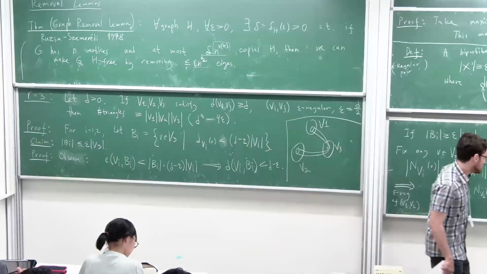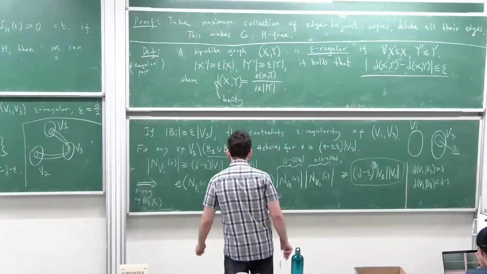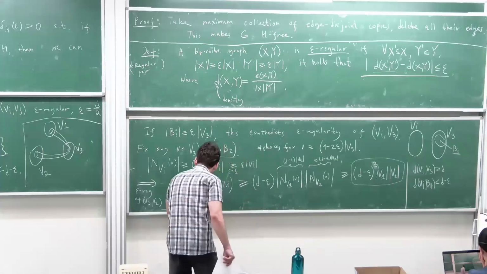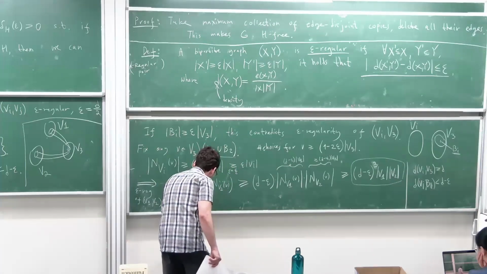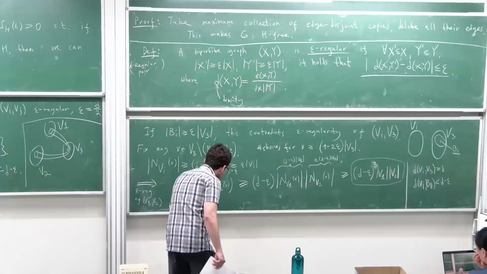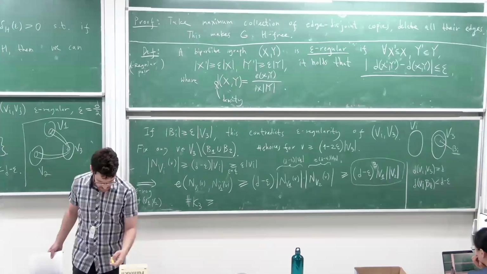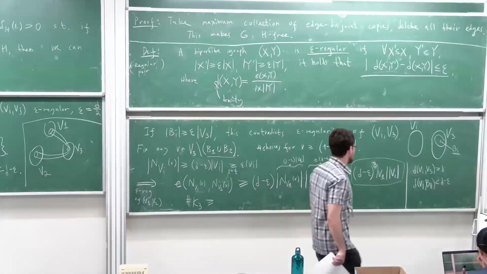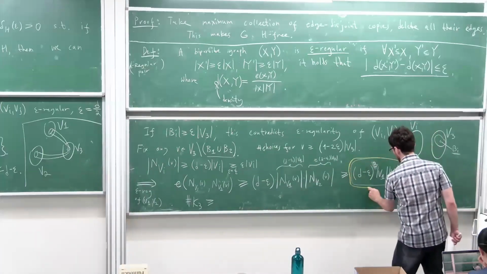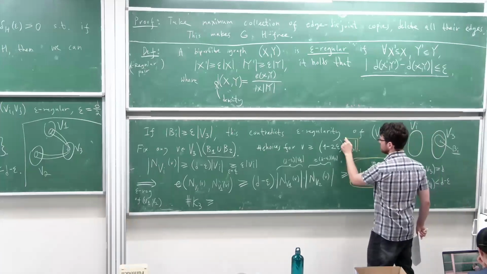Okay. So let me finish this proof. This means that the number of triangles is at least... So I'm going to take this estimate we got here for a single v and multiply it by the number of v's.